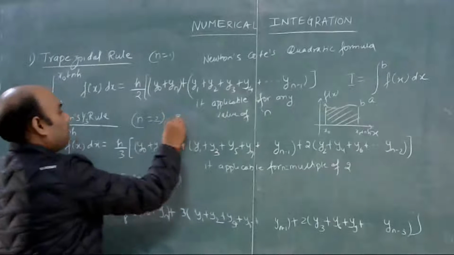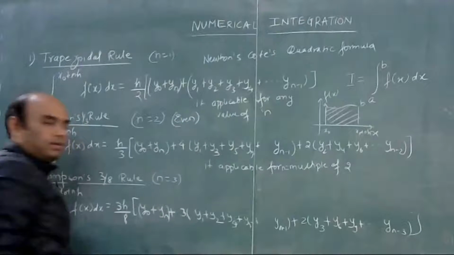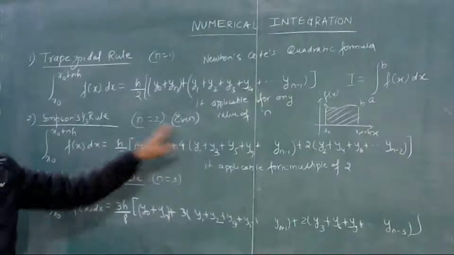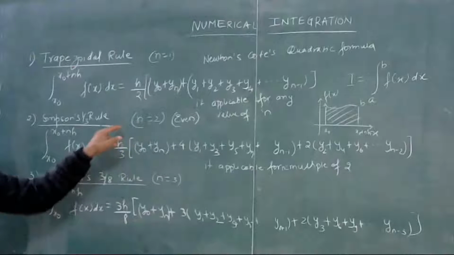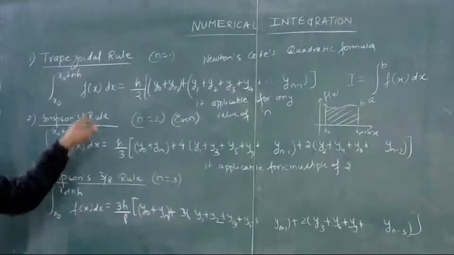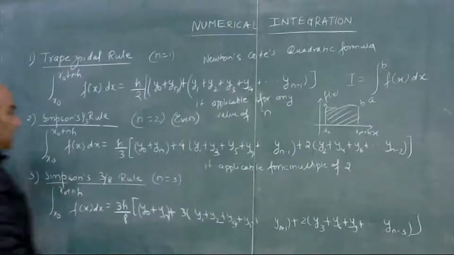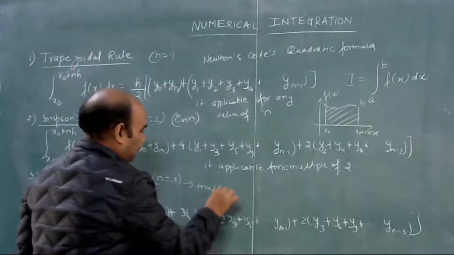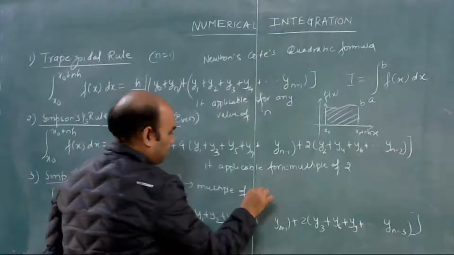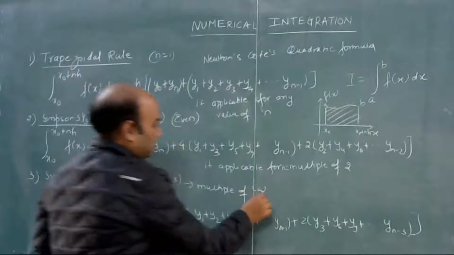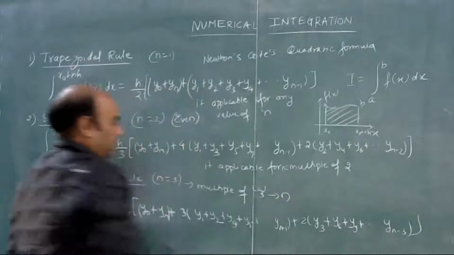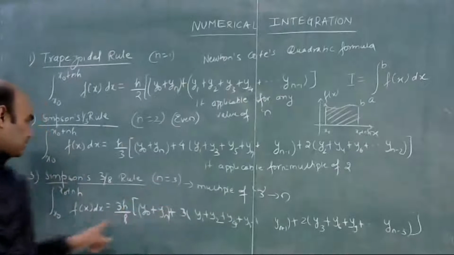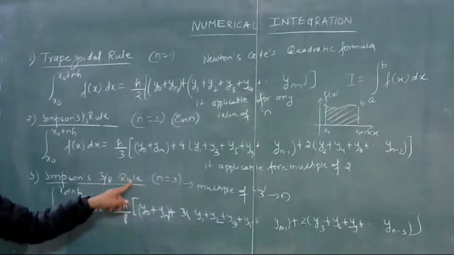So the multiple should be even. The sub-intervals we are taking should be even. So when the sub-intervals are even, you go with Simpson's 1/3 rule. And for this one, it should be a multiple of 3. So n should be a multiple of 3. Then only you can apply this Simpson 3/8 rule.